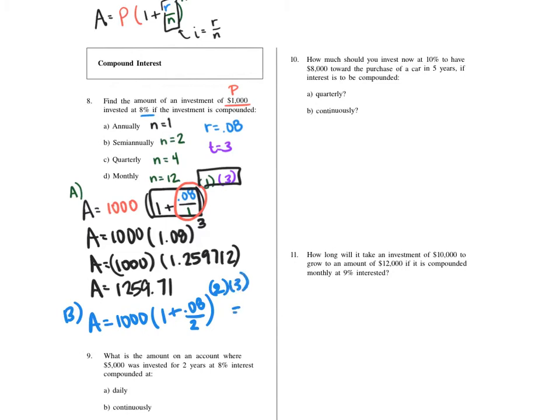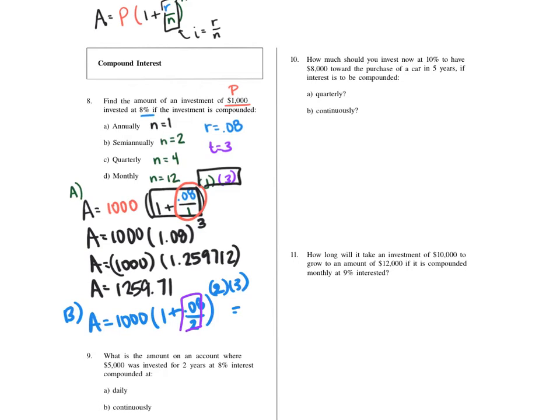And when I calculate this in my calculator, this time I'm going to do 0.08 divided by 2 first. And I get 0.04. I'm going to add that to 1, and I get 1.04. Then I'll raise that to the 2 times 3 power, which is the 6 power. And I get 1.265319018.